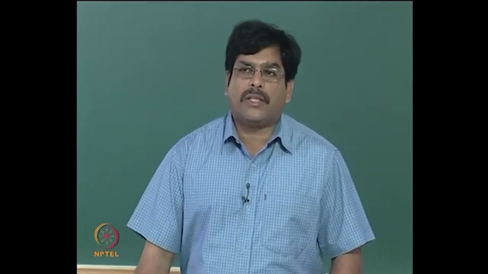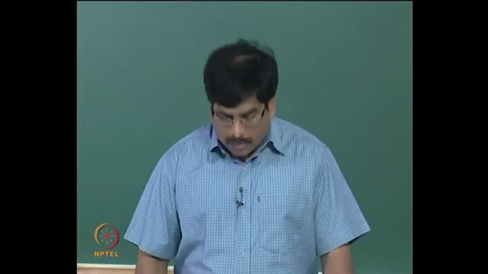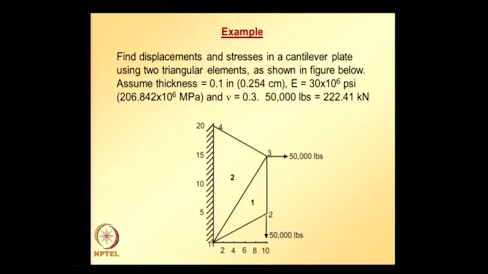Similarly, element 2 comprises nodes 1, 3, 4, again in the counterclockwise direction. We also have the nodal coordinate information, all the material properties, the thickness and the load value given. And please note that since we are using 3 node triangular elements, the B matrix is going to be constant for each of these elements.